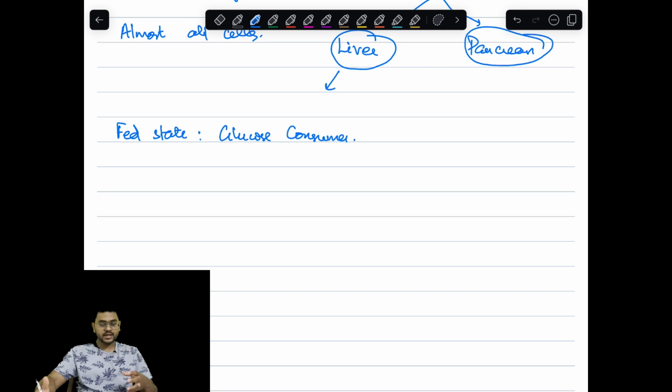The liver has to utilize all this glucose primarily for oxidation, to get energy for its functioning, and secondly for anabolic reactions, which we have mentioned in the last class. Glucose is used for production of glycogen, cholesterol, and various other molecules. It needs energy, and it also needs substrates from glycolysis and many other products. It utilizes all of these, and it acts as a glucose consumer.